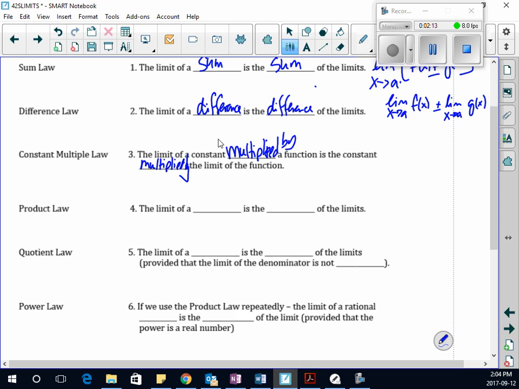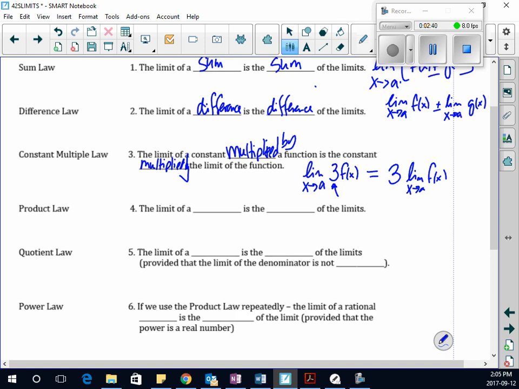I'll explain what I mean. The limit as x goes to some number a, or c, who cares, of 3f of x. So this is the constant, right? That's equal to 3 times the limit of that function, meaning you can take the 3 out and multiply it after you find the limit.